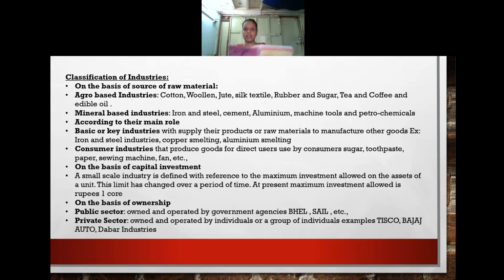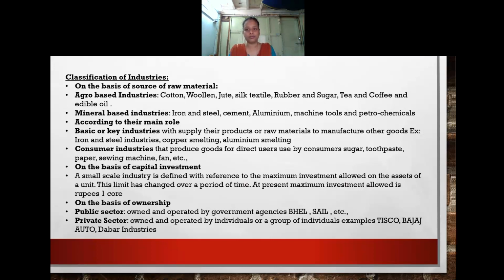Whatever industries are established, they are owned and operated by the government agencies: BHEL and SAIL. Next one is the private sector. It is owned and operated by an individual or a group of individuals. For example, Tisco, Bajaj Auto, as well as Tata companies, Dabur Industries come under the private sector.